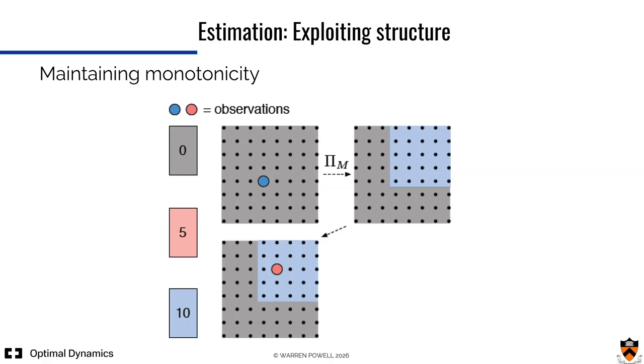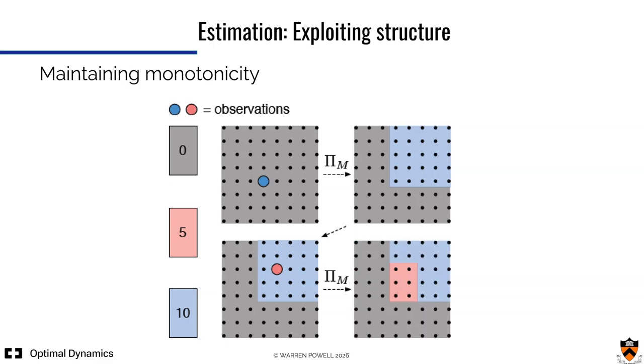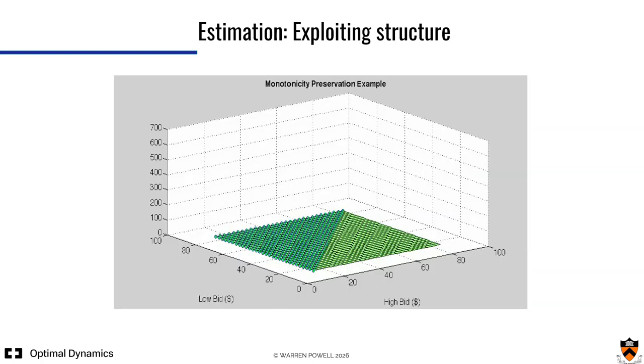Well, the 5 means everything to the left and down has to be at most 5, so now I'm going to update that. So monotonicity allows you to take a very small number of observations and to update wide ranges of the function with very few function calls. And I don't have to make any assumptions about the function other than exploiting monotonicity.